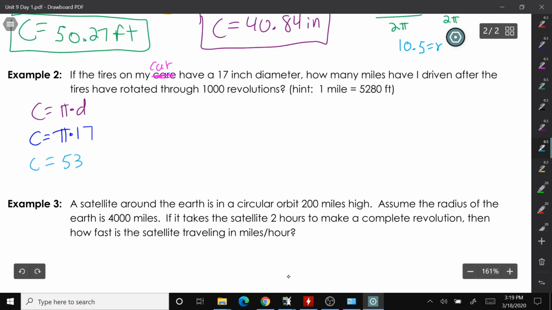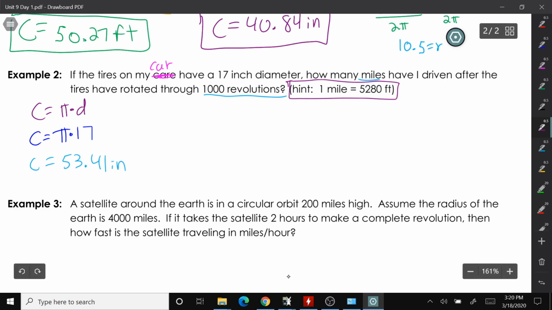So 53.41 inches. Now, I'm going to convert that into feet because the question is asking how many miles are in 1,000 revolutions, and we have this hint here to convert miles into feet.